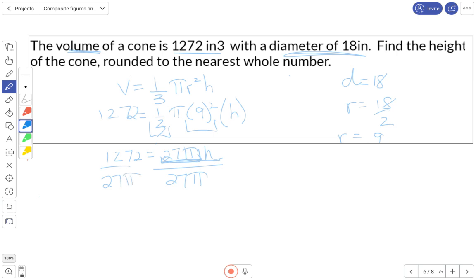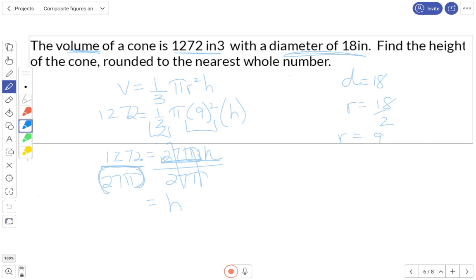On the right side, the pi's divide out, the 27's divide out, you get h on your own. On the left side, this is an example where you have to be careful, because see how in the top we don't have pi to divide out? So you want to make sure that when you put this in the calculator, you type in 1,272 divided by, but then you put the 27 pi.